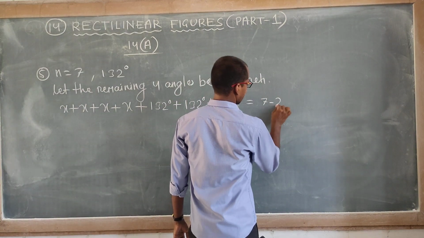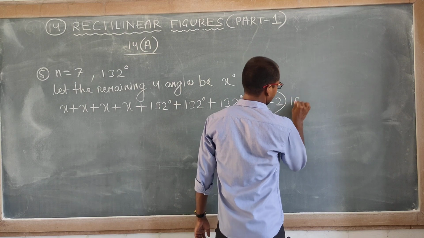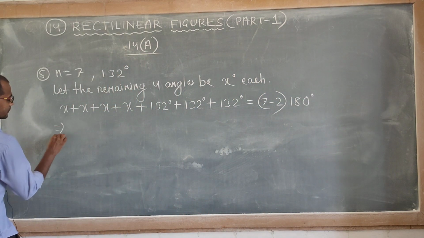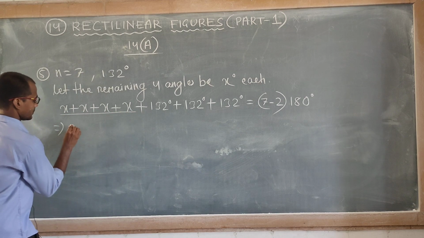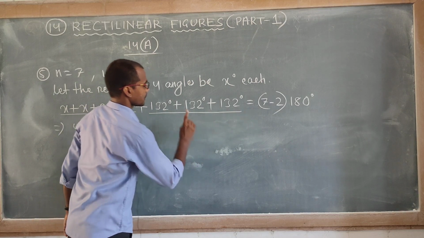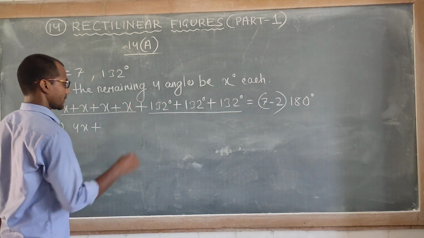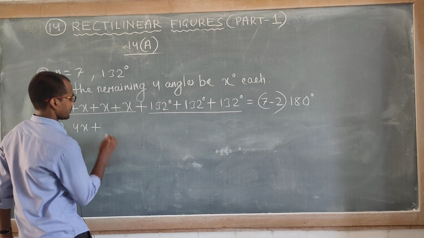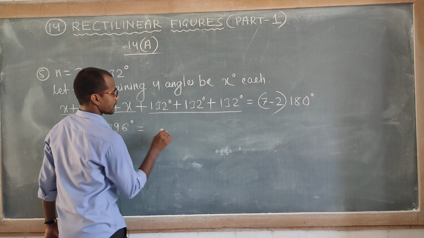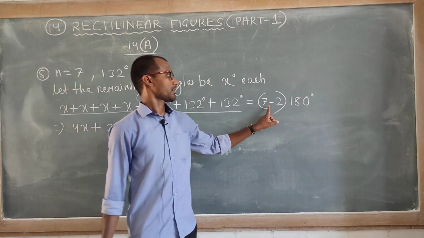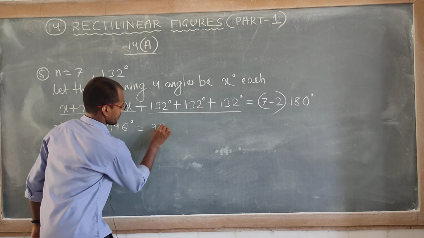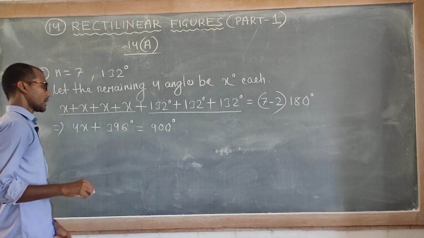So 7 minus 2 into 180 degree. This is 4x. This is 3 into 132. Okay, 3 times. 3 into 132 is 396 degree. 7 minus 2 is 5. 5 into 180 is 900 degree.